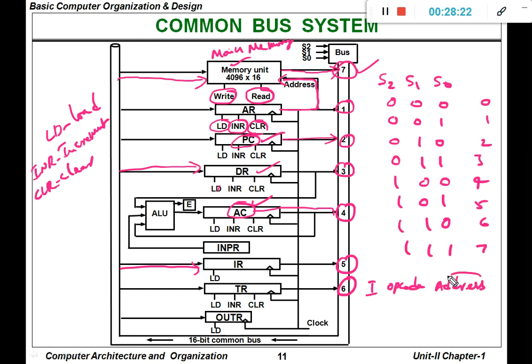Based on this address, we are going to fetch the data. However, we are going to fetch only one operand. What about the second operand? To perform some of the arithmetic operations, we need two operands.